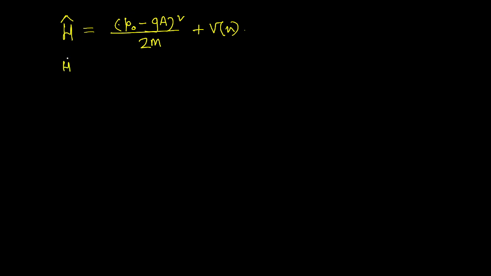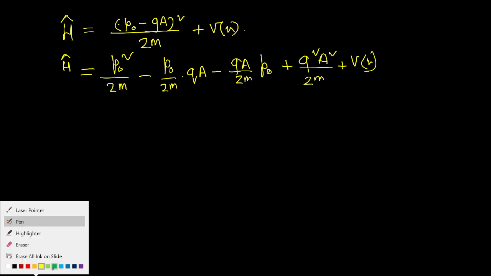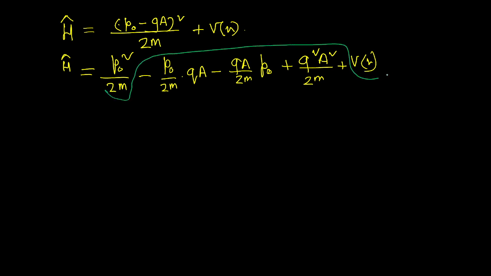So as a function, we have to write it like that. P0 2m, QA minus QA 2m, P0, Q square A square by 2m plus Bx. So if we take these two terms, this is nothing but your H0.